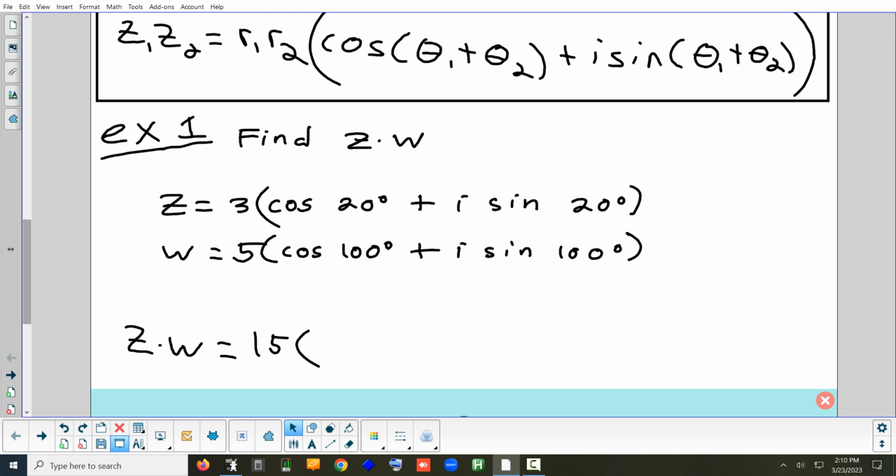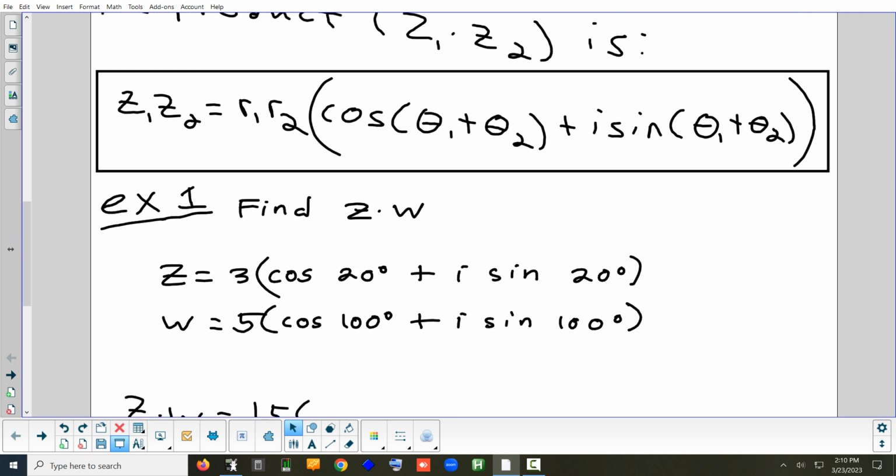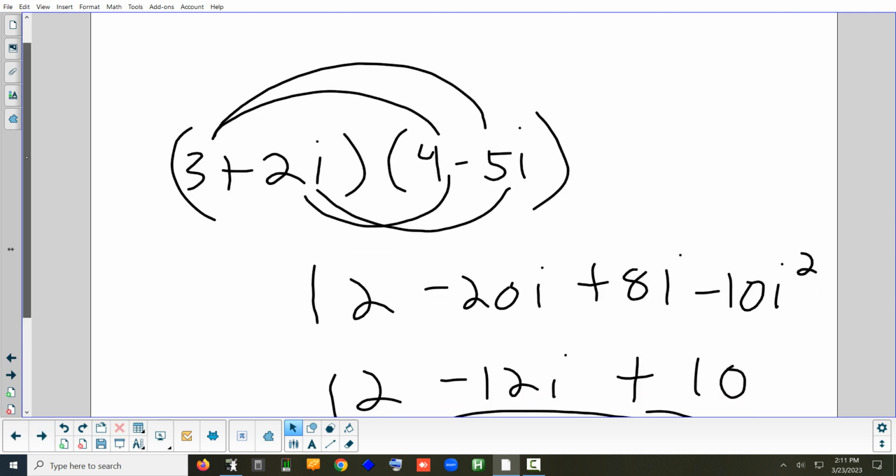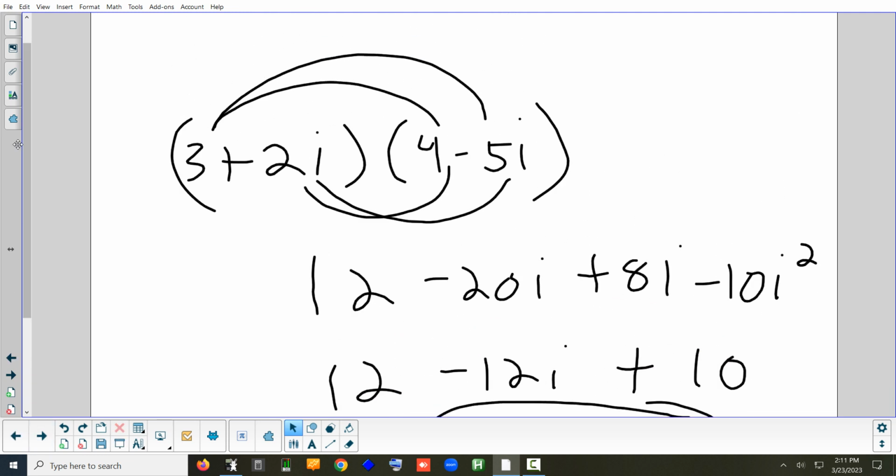So there's your radius. And what does it say to do with the two original angles? Add them. What do you get when you add those up? 120. You're done. That's the final answer. It's way faster to multiply these two together in trig form than it would be to do all of that stuff.